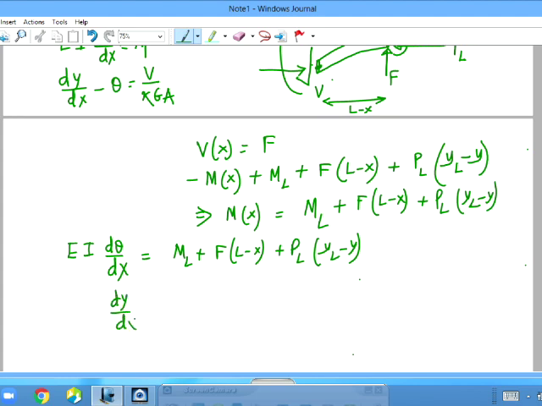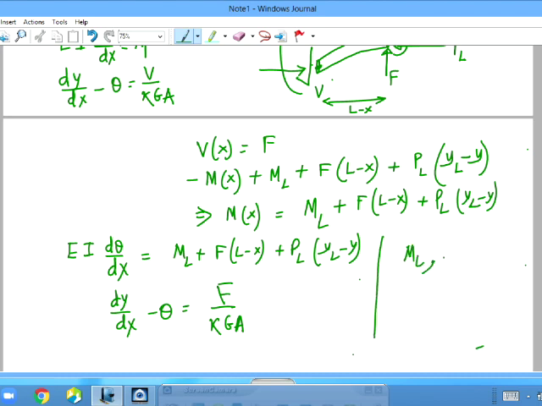And the second one is dy/dx minus θ is equal to V, which is F itself, divided by kGA, right? So how many unknowns are present in these equations right now?